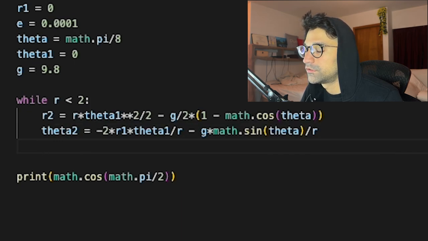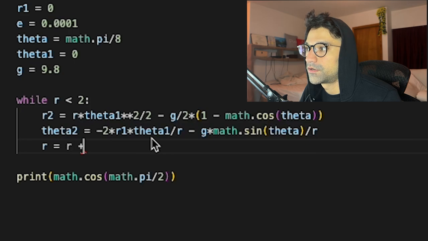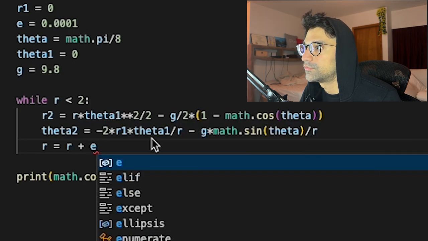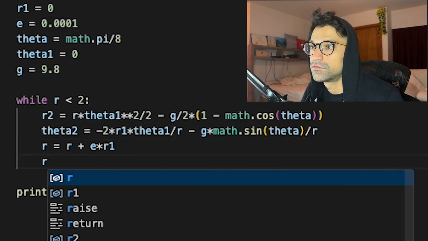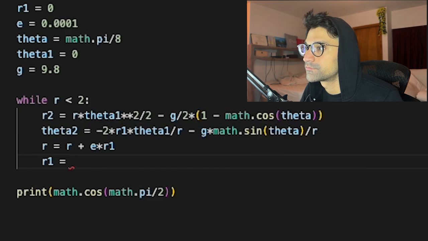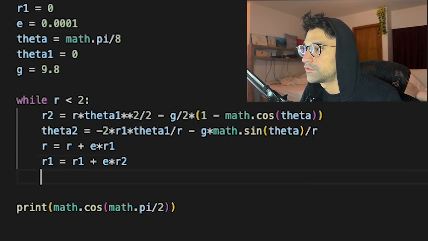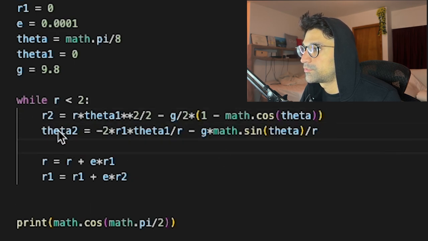And now we can use our Taylor series approximations. So R equals R plus E times R1. Not only that, but R1 equals R1 plus E times R2. All right, not only that, but theta. So here's our double primes, here's our R's, and then here's our theta.